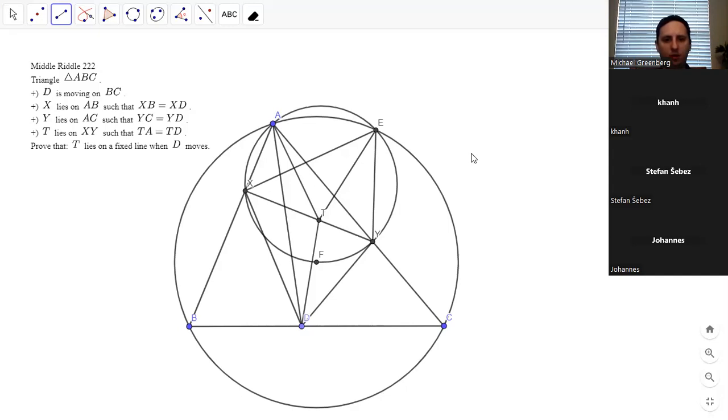How do we know that TE equals TA? Because TA equals TD, and then reflection. Yeah, I get it, it's a reflection. Also, I don't know how to prove that F lies on AXY. So yeah, we'll try to see how we can prove that.